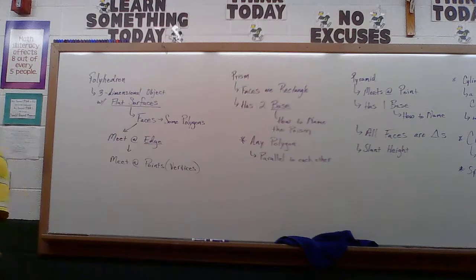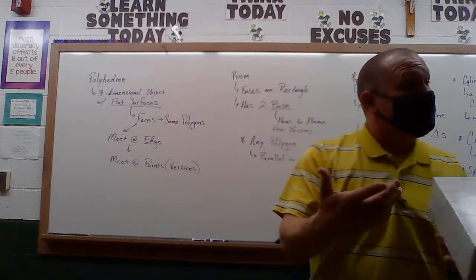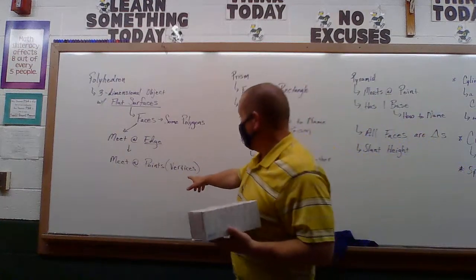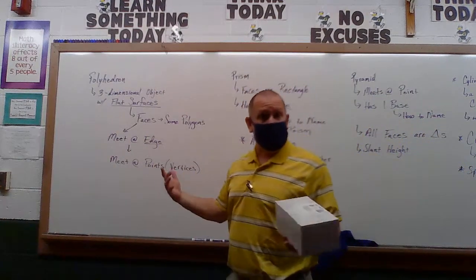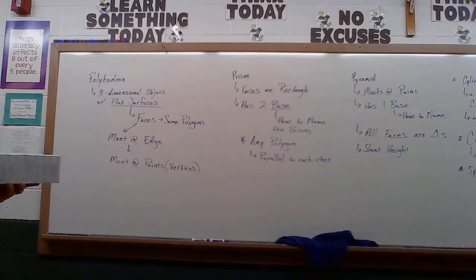And where the edges meet, so we connect two edges, where the edges meet at each little point is either a point or a vertex. Now again, you might have known all that stuff. No big deal if you did, no big deal if you didn't. I just want you to know that going forward.